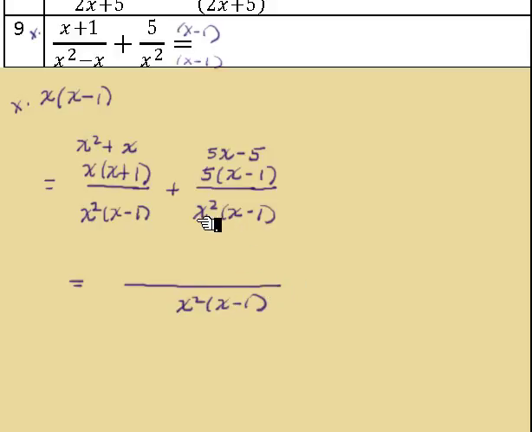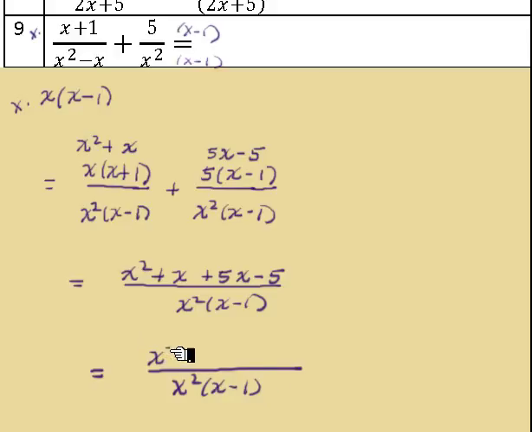So now we're ready to combine the numerators. x squared plus x plus 5x minus 5. So we just have two like terms over there in the numerator. We'll add those and we'll be done. Okay, so we have x squared plus 6x minus 5.